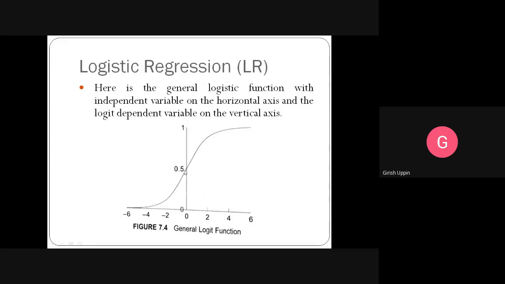If the probability is more than 0.5, this can be categorized as 1. So it's a binary classification, either 0 or 1. For values of the independent variable greater than 0, like 2, 4, 6, the output would be 1. And for values of the independent variable less than 0 and so on, the predicted value would be 0.